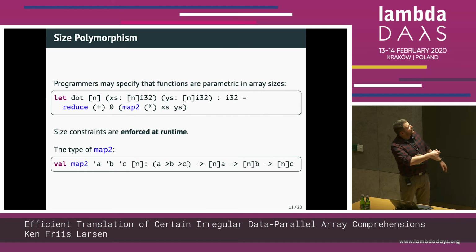And we can specify that, so we have these numeric numbers in our types, and we are working on making these more general. And these size constraints will actually be enforced, so you'll get an error if they don't work.